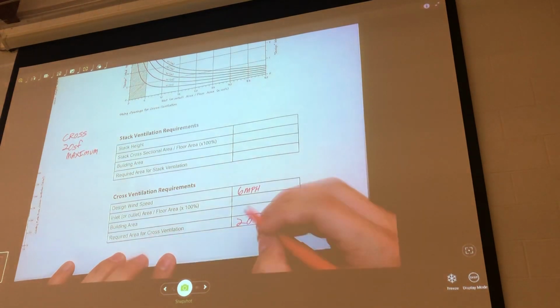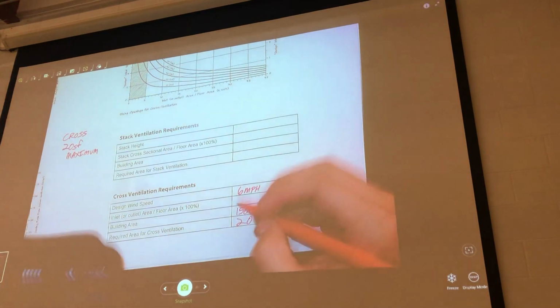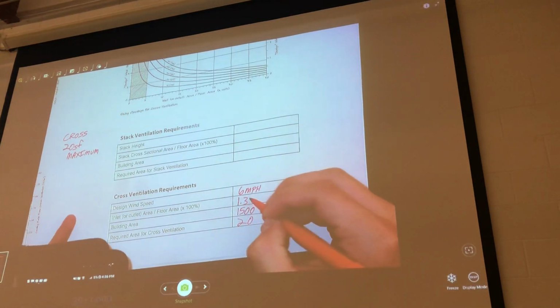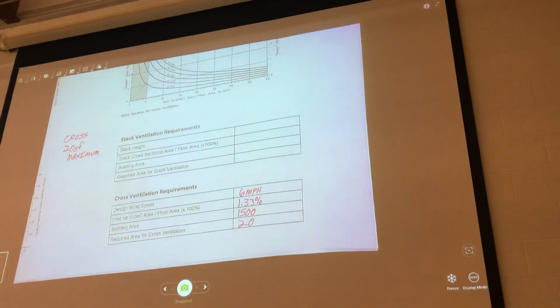We've got our building area at 1,500 square feet. What percent is 20 divided by 1,500? We're working backwards. So we're at about 1.33 repeating, so 1.33%.